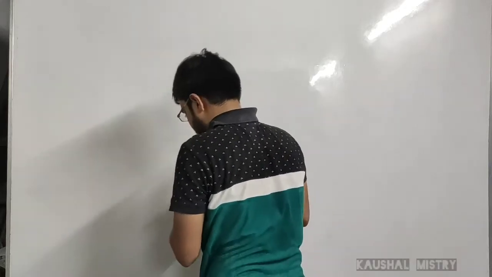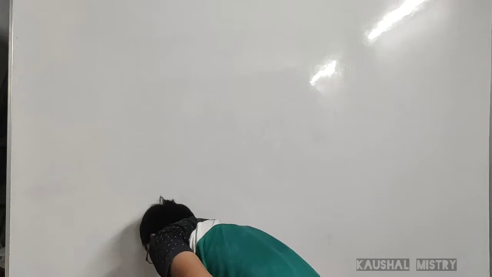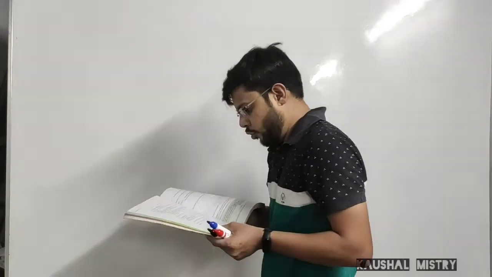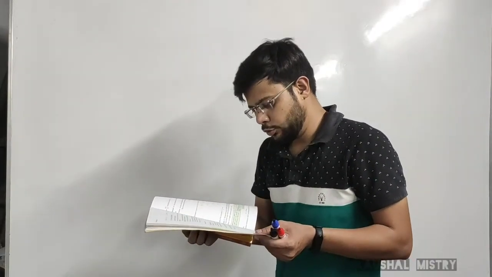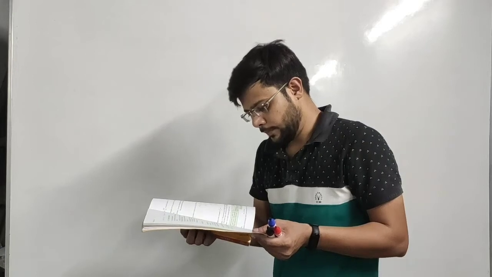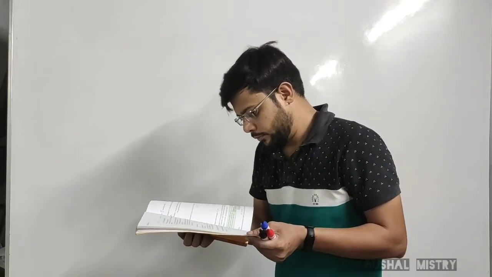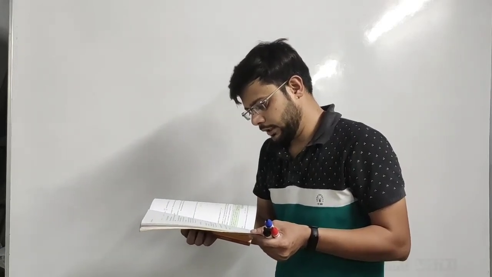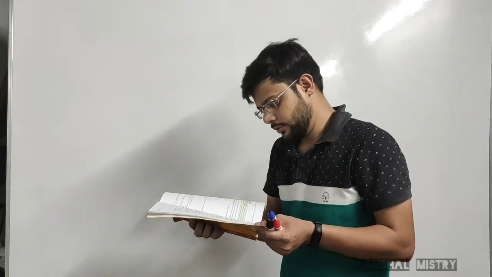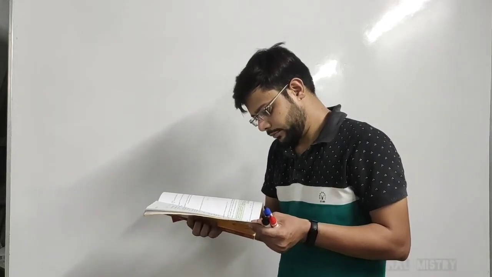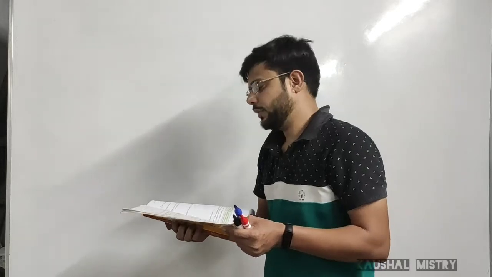Example number 5 is: what should be added to twice the rational number minus 7 by 3 to get 7 by 3?